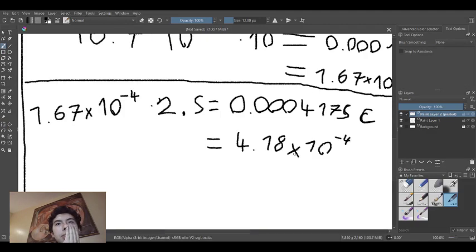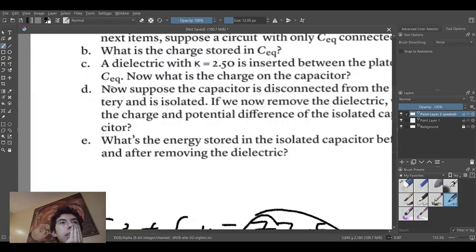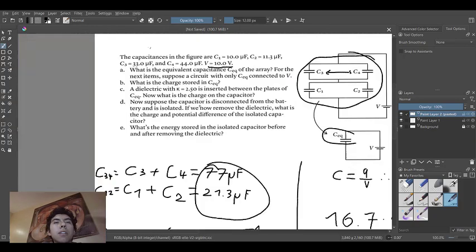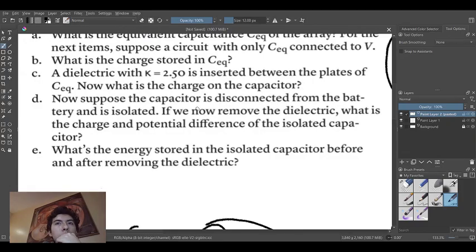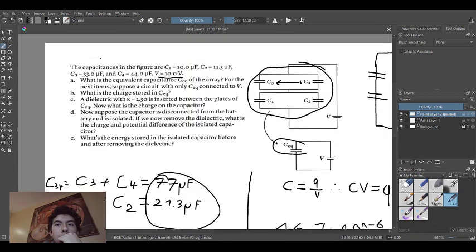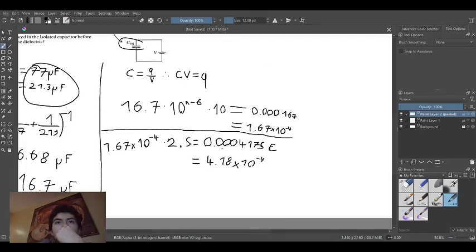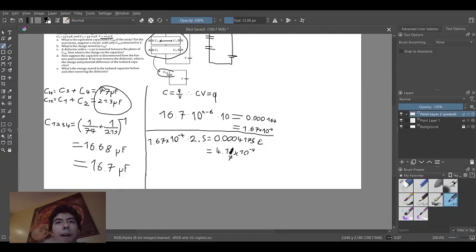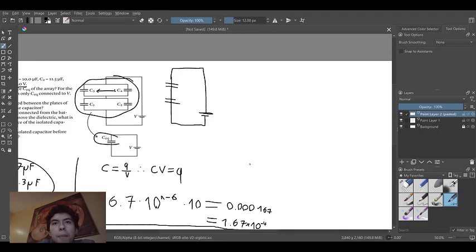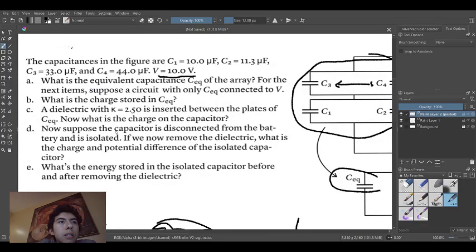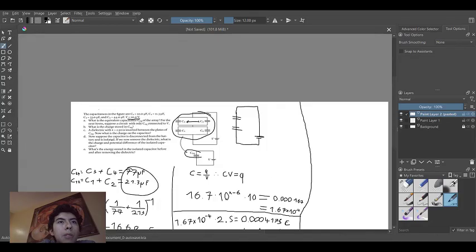Okay, so now we have the charge after the dielectric is inserted. Now suppose the capacitor is disconnected from the battery and isolated. If we now remove the dielectric, what is the charge and potential difference of the isolated capacitor? Okay. Once that's done, the battery is disconnected and we remove the dielectric.